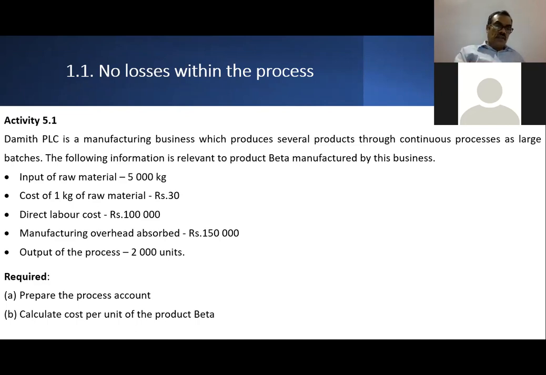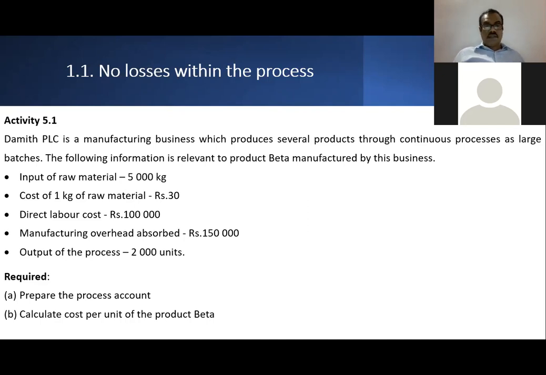What is the information? Input of raw material is 5,000 kilograms. It's a particular production which goes through processes. Initially, 5,000 kilograms of raw material is introduced, maybe flour. The cost of 1 kilogram of raw material is 30 rupees. Then you can calculate the cost of material.